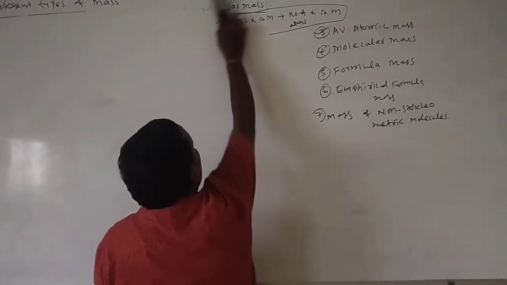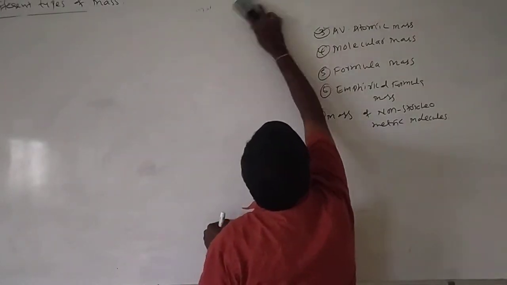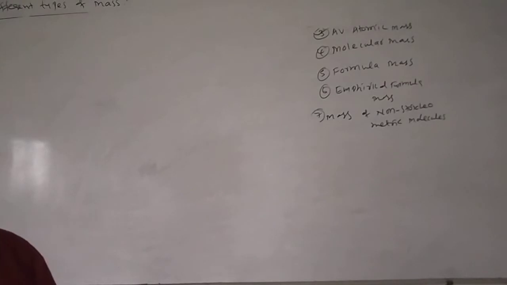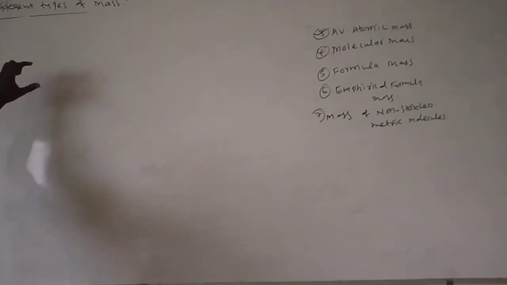What is the formula of sodium chloride? NaCl. What is the formula of sodium hydroxide? NaOH. What is the formula of sodium carbonate? Na2CO3. The mass of that particular formula we call formula mass.